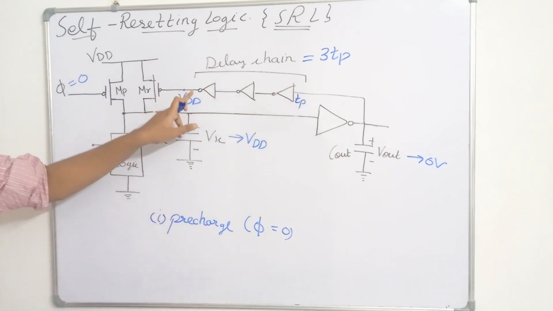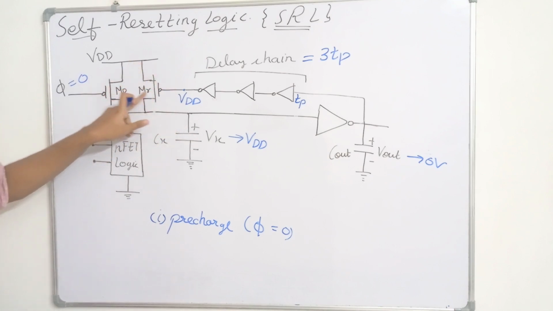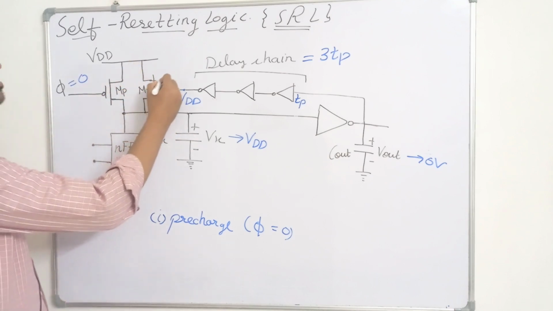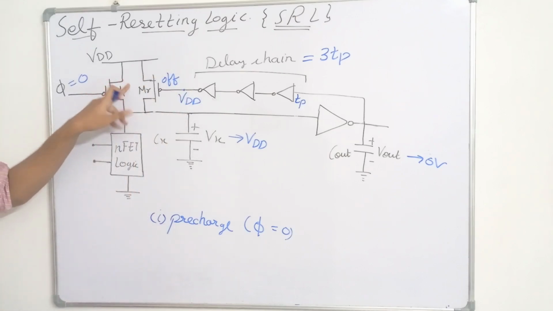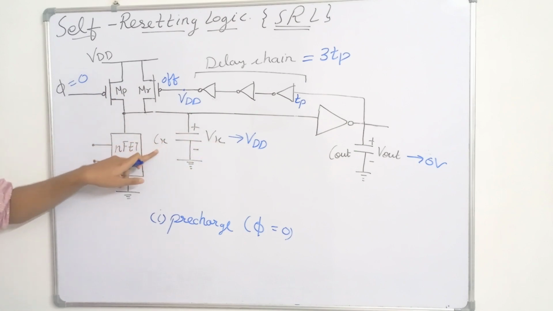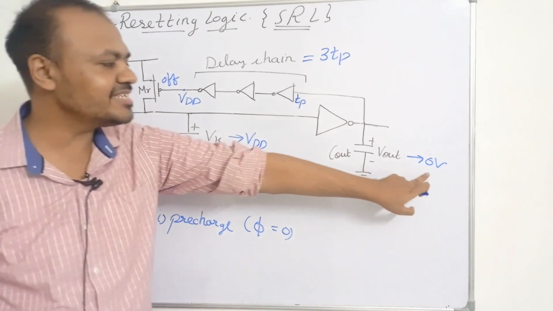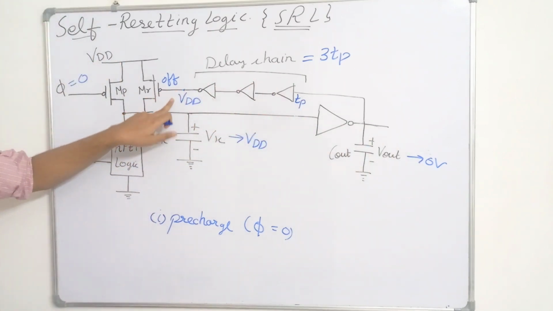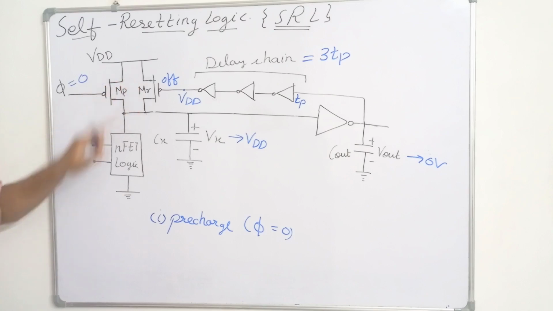So this reset transistor will also be off. Only this transistor will be on and it will charge the capacitor Cx to voltage VDD. This output will be 0 volt, and due to this the voltage here will be high or VDD, so your reset transistor will be off.